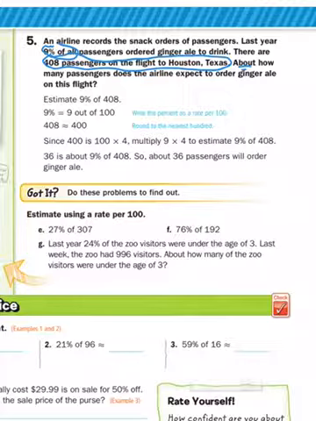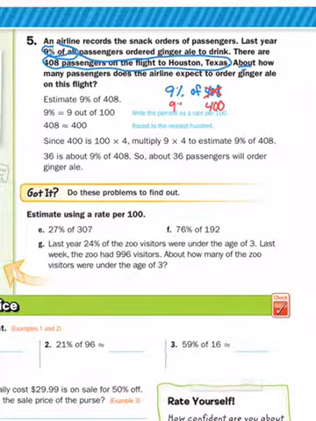Well, we know 9% of passengers drink ginger ale, so 9% of the 408 passengers should drink ginger ale, but it says about, so we're going to estimate. Now, you could change 9% to 10%, but you don't really have to for this one. Watch. Remember, 408 is really close to a multiple of 100, 400.